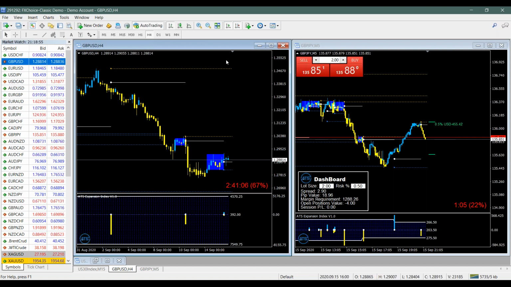And it's literally to the pip specific. So if you have certain candles that are even 0.1 pips bigger or smaller, it could be the difference whether you have a box or not between platforms.